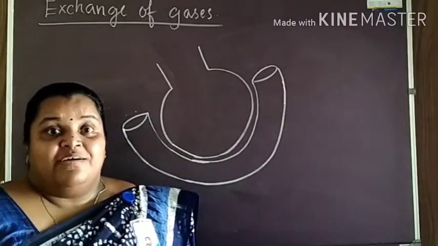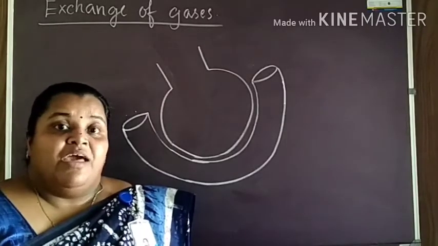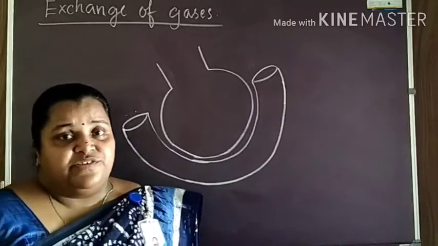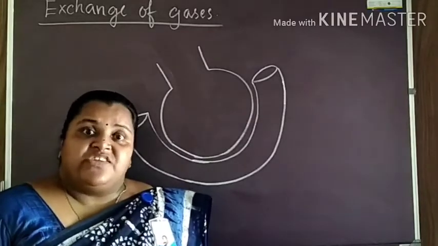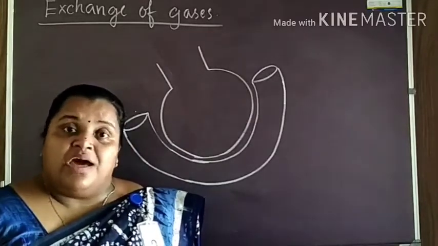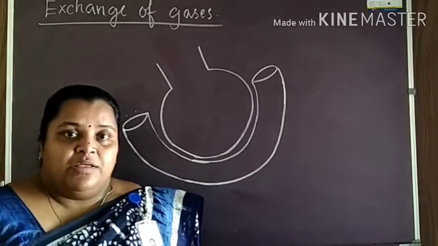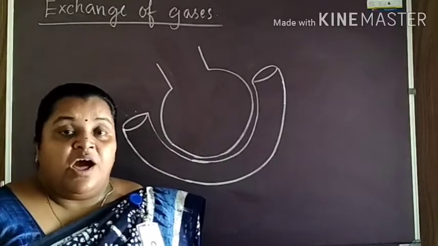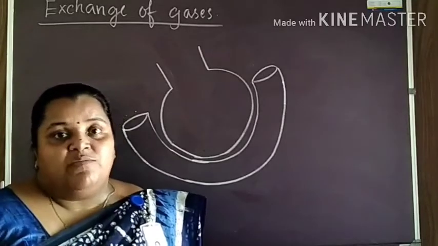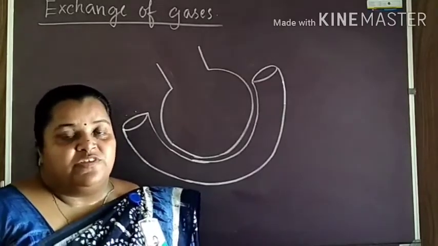Atmospheric air reaches the alveoli as a result of inspiration. The exchange of oxygen and carbon dioxide takes place in the alveoli. Now we will see how far the structure of alveoli is suitable for this.